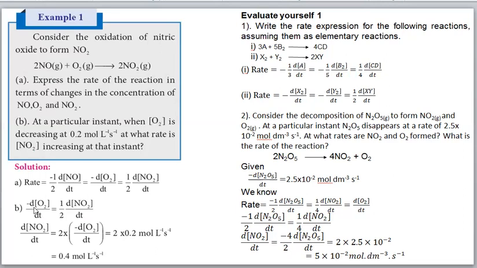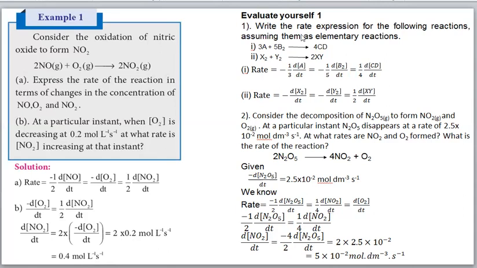The decreasing concentration is given here as 0.2, so instead of this value we can write 0.2. So we'll get 2 into 0.2 equal to 0.4 mole per liter per second. Okay, and then evaluate yourself.